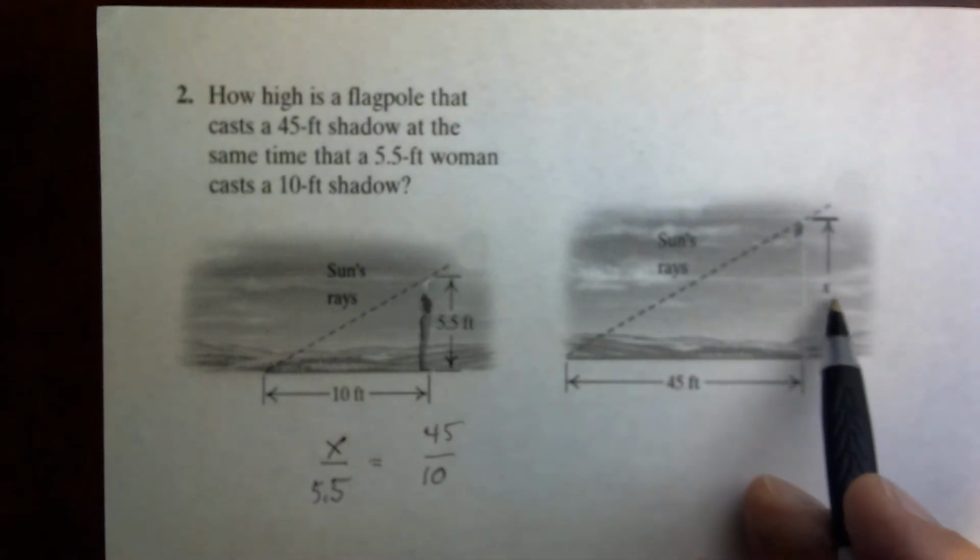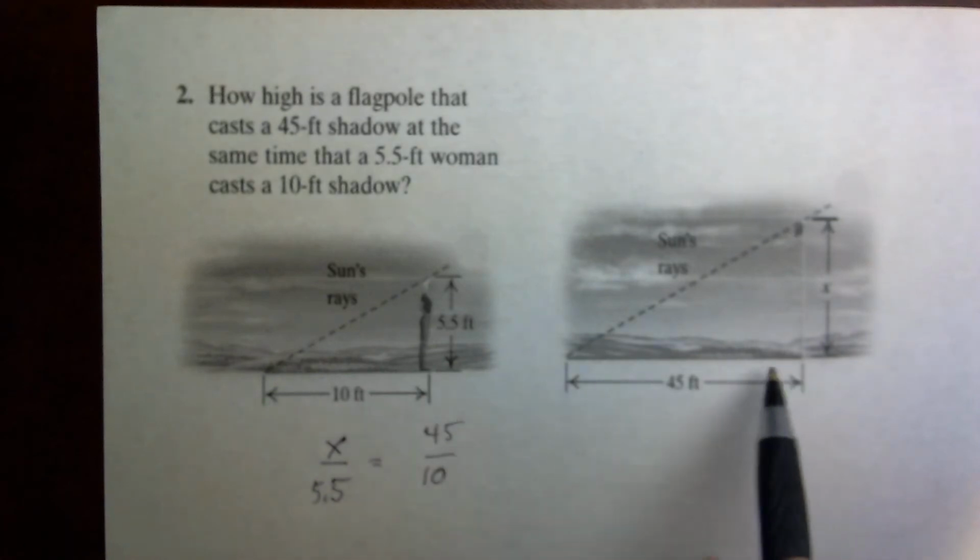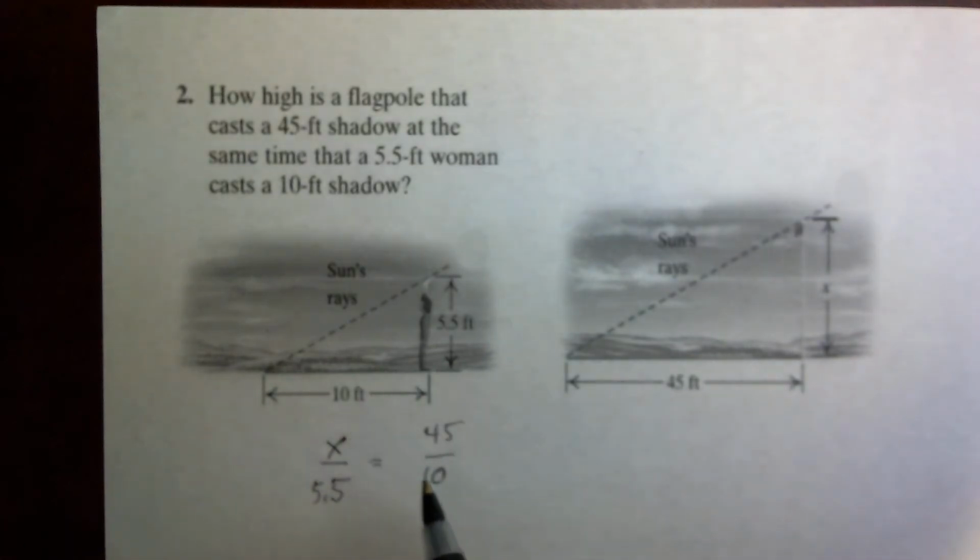Again, the vertical height x to 5.5 is the same as 45 to 10. So we cross multiply: 10x equals 5.5 times 45. We divide by 10 on both sides, so x equals 5.5 times 45 divided by 10, and that is equal to 24.75.